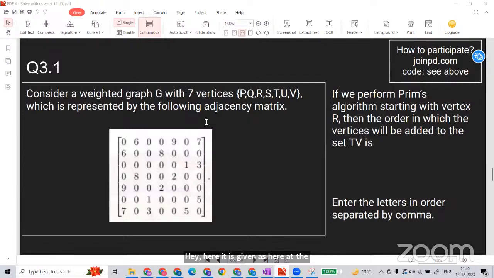Enter the letters in order separated by comma.